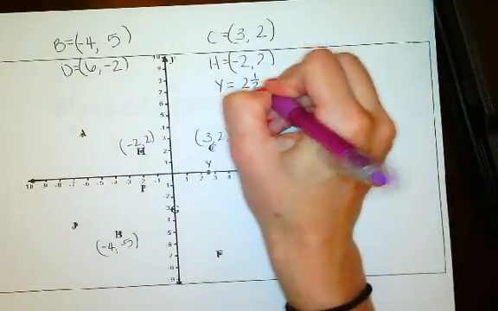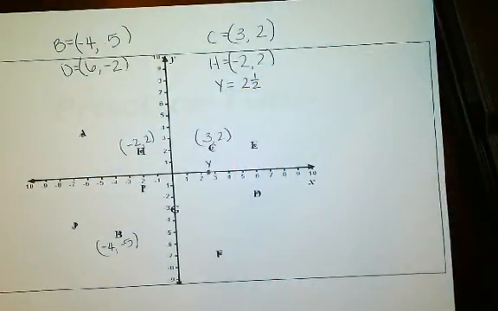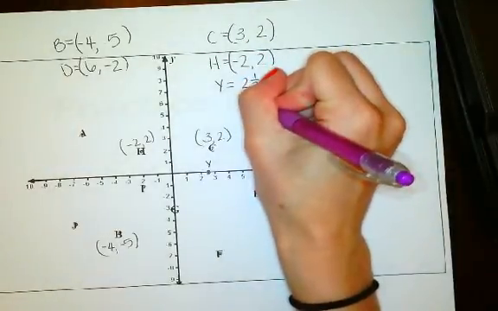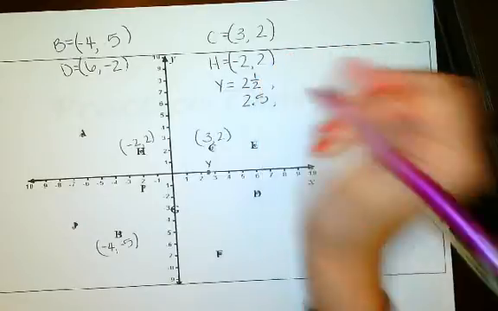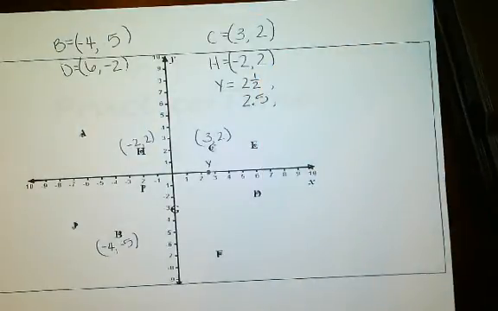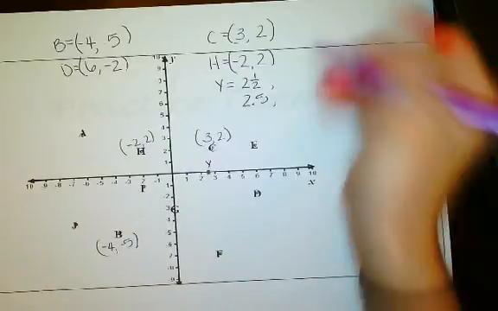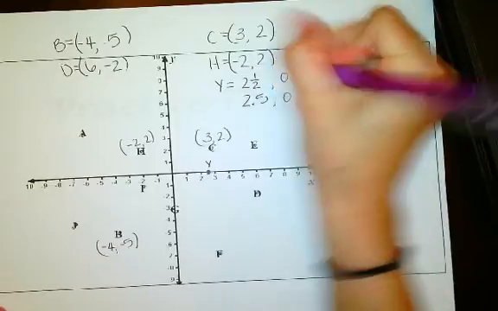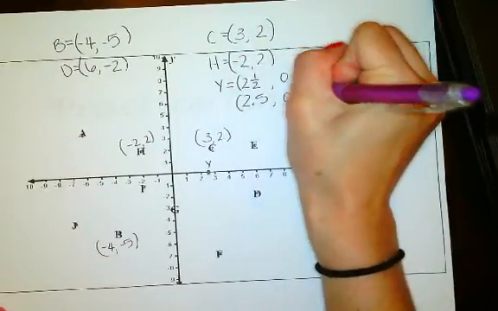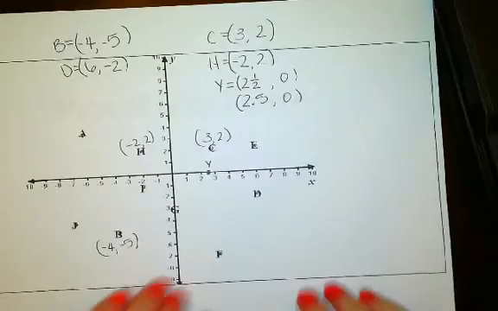Now, what is 2 1/2 as a decimal? And remember, this is one that we should already have memorized. Good. 2.5. Now, let's talk about our Y value. So, Y-axis, we're not going anywhere. What would our Y-axis be? Excellent. It would be 0. Great job.